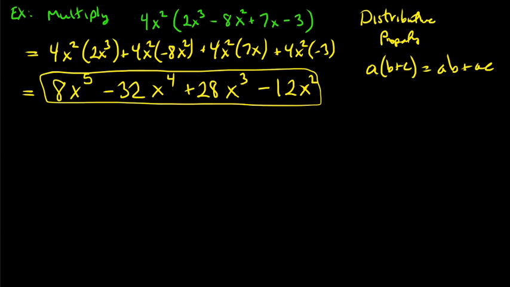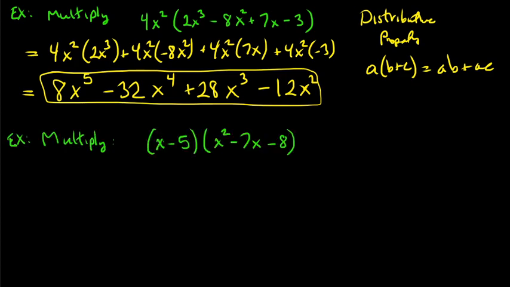All right, let's try another one. Okay, so how about x minus 5 times x squared minus 7x minus 8? So this is not just multiplying a monomial, but a binomial times another polynomial. Here's how I would do it, right?